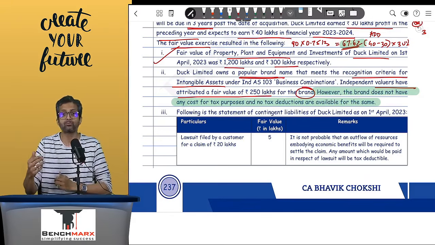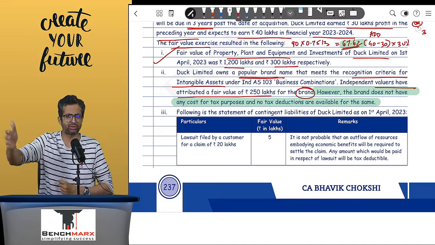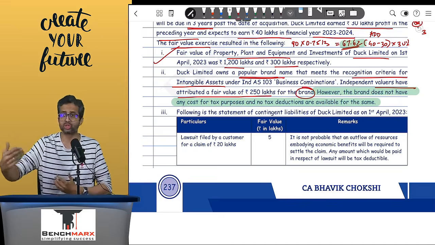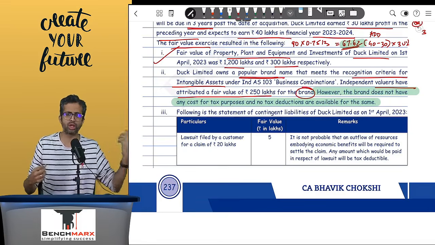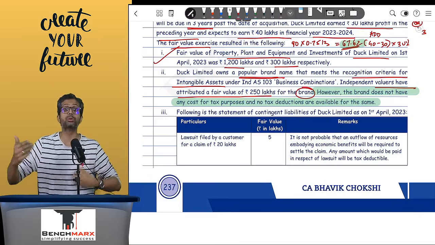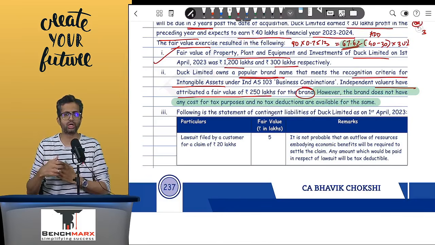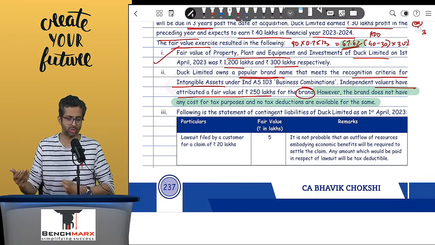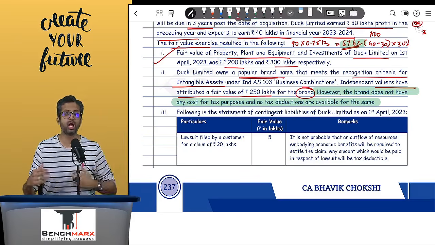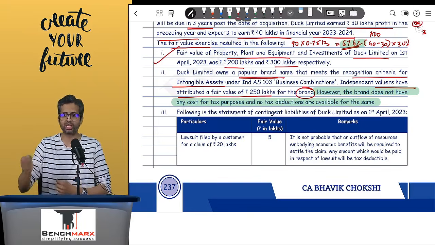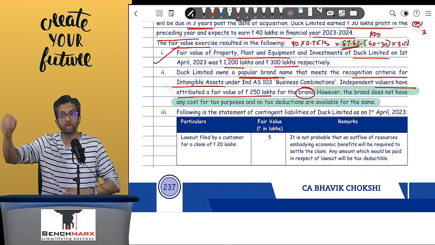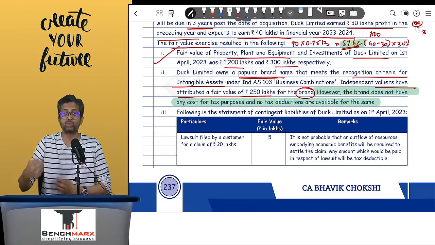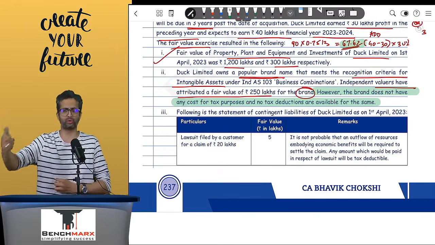If it is sold in the future, let us say for simplicity at 250 rupees, in the books I would say bank account debit 250 to brand 250, and hence there would be no separate income on account of the brand. However, in income tax, my entry will be bank account debit 250 to income 250. So this will result in you having to pay more tax in the future.